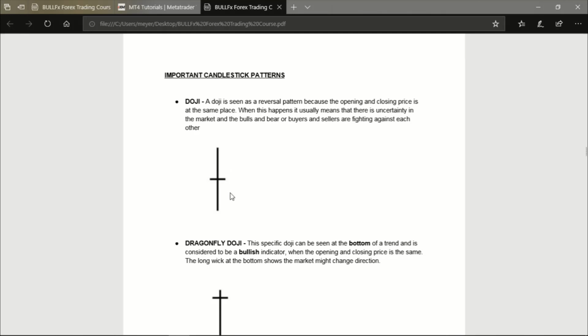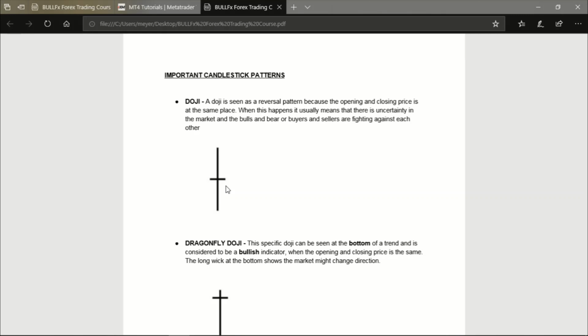So when this pattern appears, obviously this would be a wick on the top, and this would be a wick at the bottom, and the horizontal line that you would see in the middle would represent the body. But it would have no specific color because it was the same place where the market opened in the beginning of that hour or in the beginning of that specific time frame.